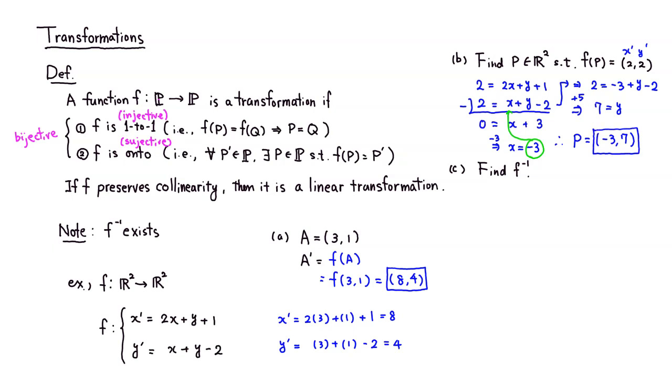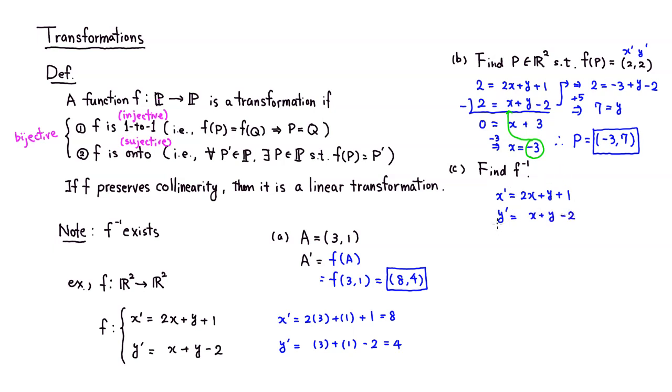All right, so we know that a bijective function has an inverse. So let's try to find the formula for this inverse. We have this system of equations. I'm going to solve these equations for x and y. First I'm going to write it down. x prime is equal to 2x plus y plus 1. And then we have y prime is equal to x plus y minus 2.